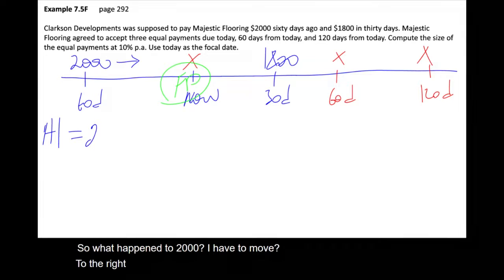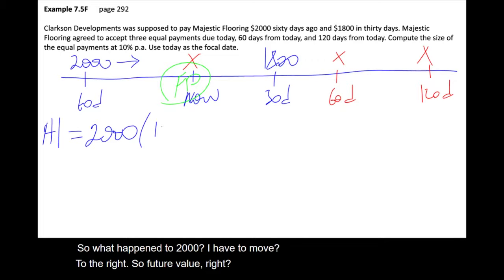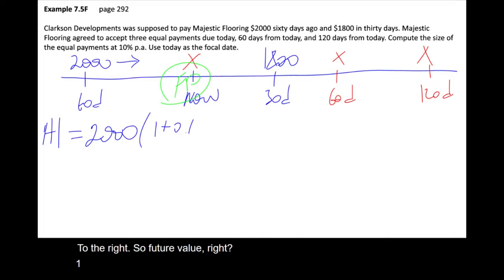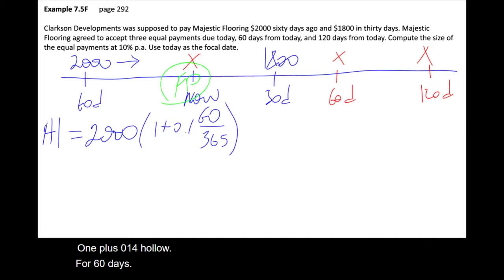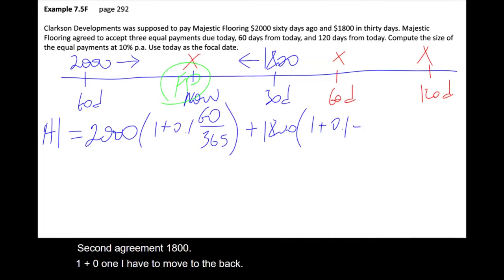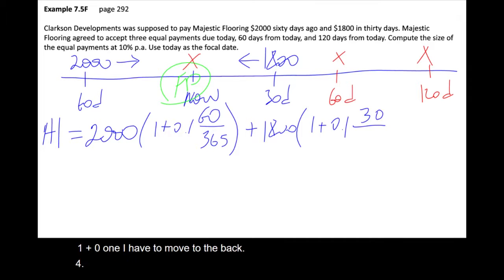So, future value, right? 1 plus 0.1 for how long? For 60 days. Second payment, 1,800, 1 plus 0.1. I have to move it back for 30 days. So present value formula.